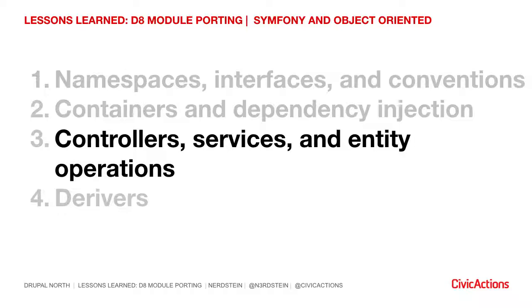Services are built for more global classes that you could bring in through a container, that you can call functions and run more global operations on, or utilities for that matter. And as you're organizing code, you might think, I have this entity and it has some operations. The best thing to do may be to put the operations or the functions inside of the entity itself in lieu of a service or a controller.